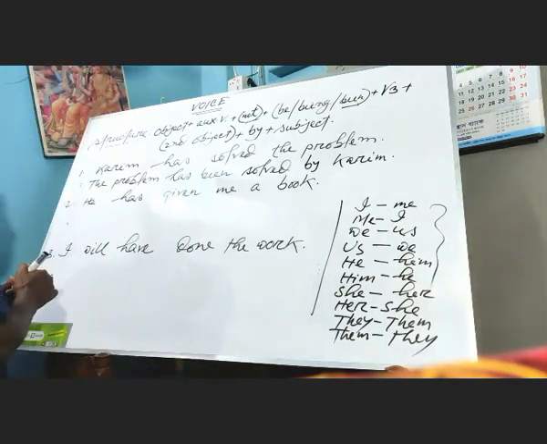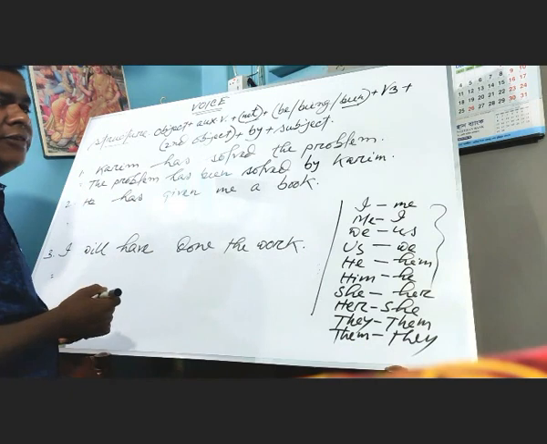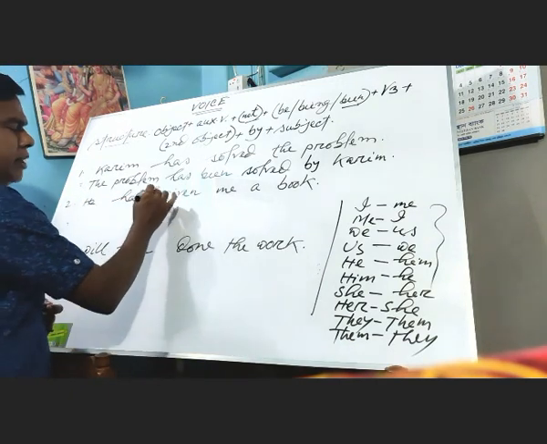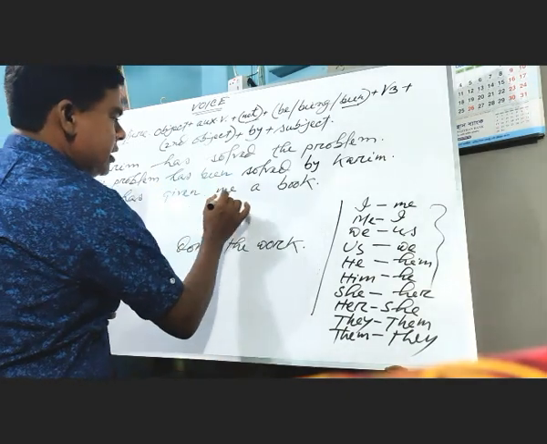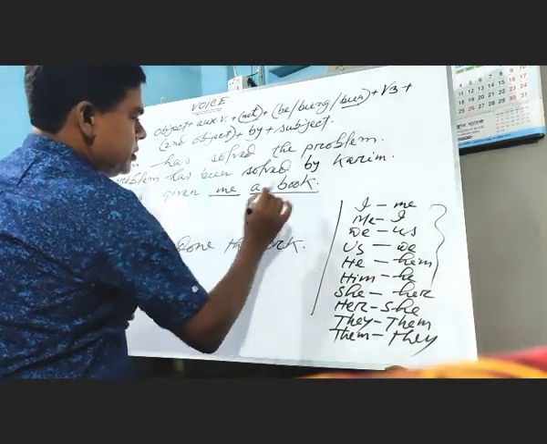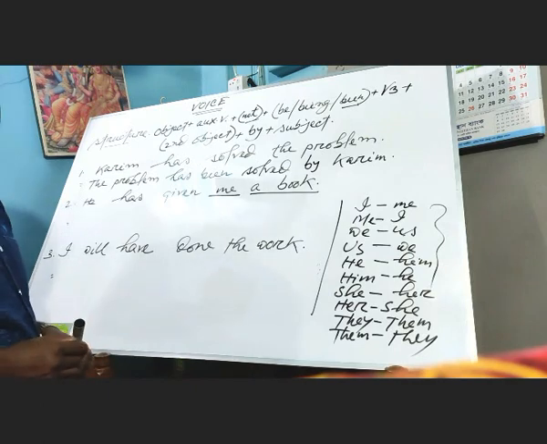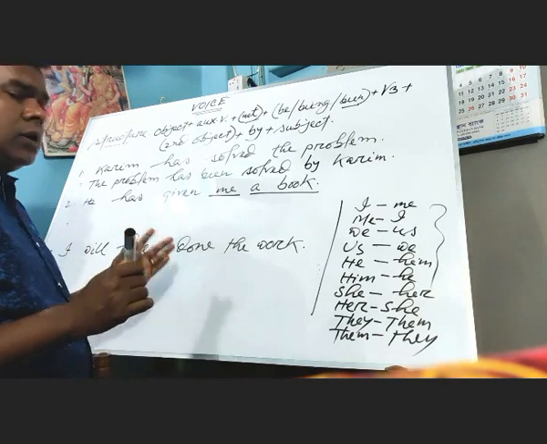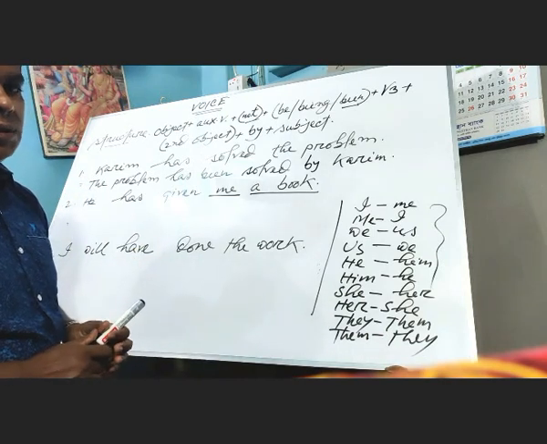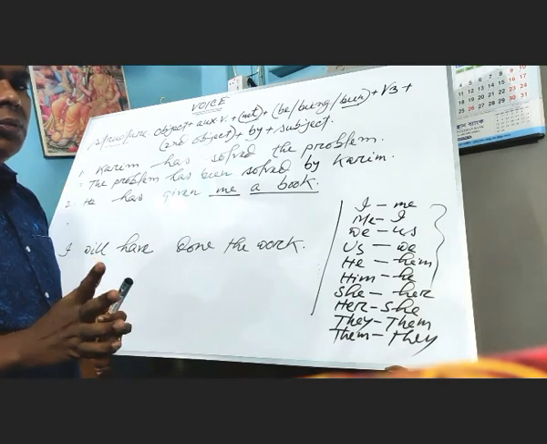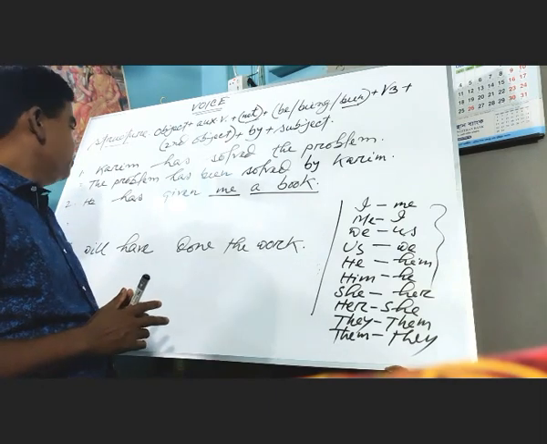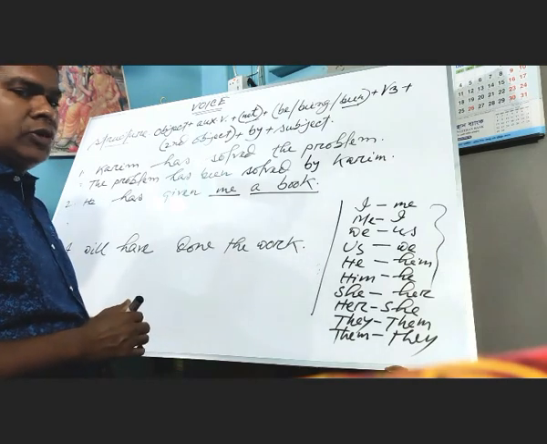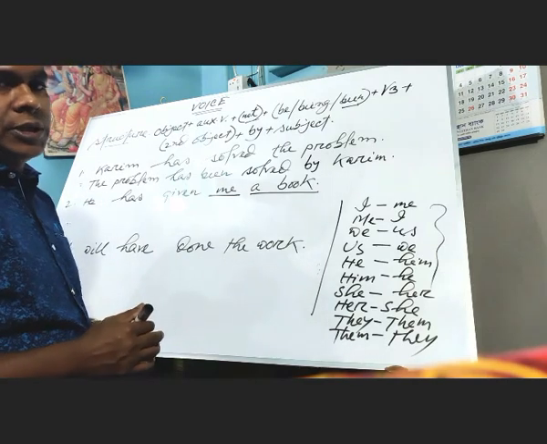Now boys, he has given me a book. He has given me a book. So this is the subject, this is the auxiliary, this is the main verb, principal verb, this is the first object, and this is the second object. I told you that, students, in the part of object, if you find more than one word, then you will think in yourself that there may be two objects.